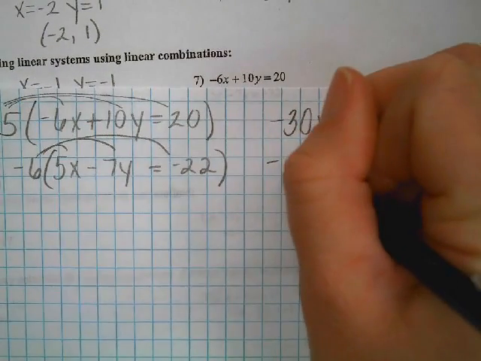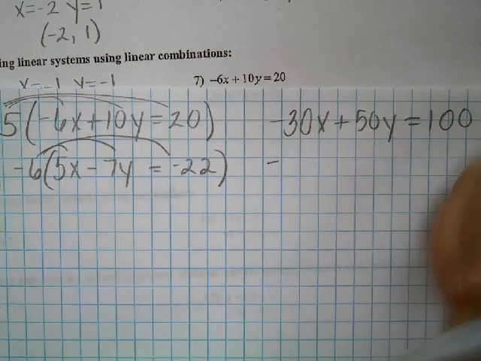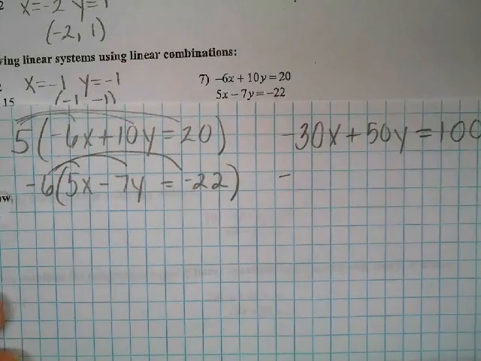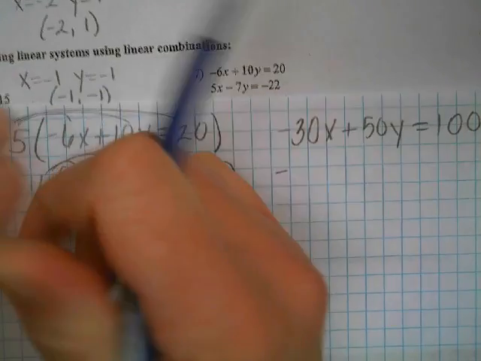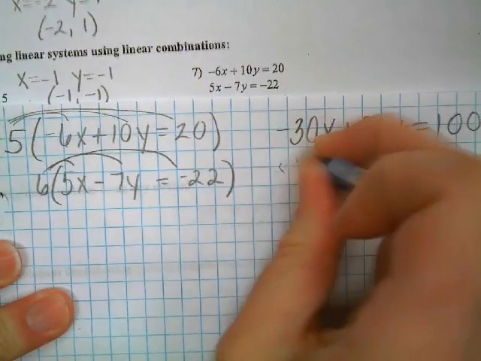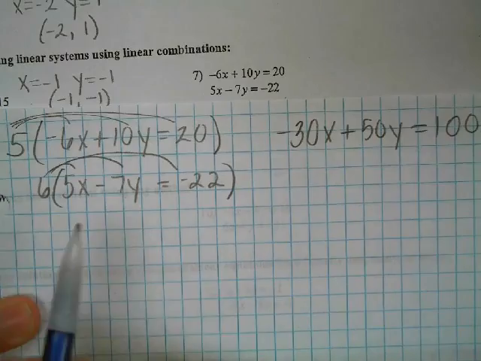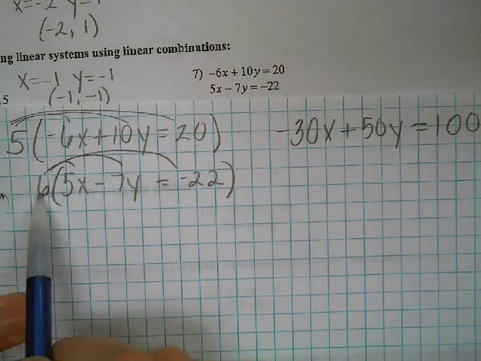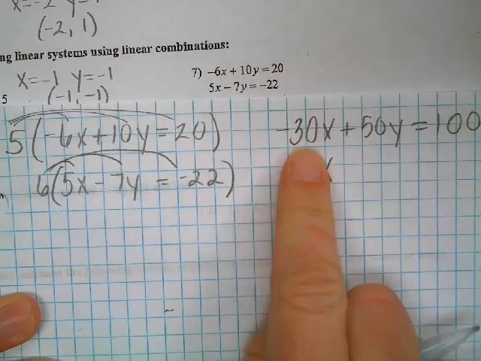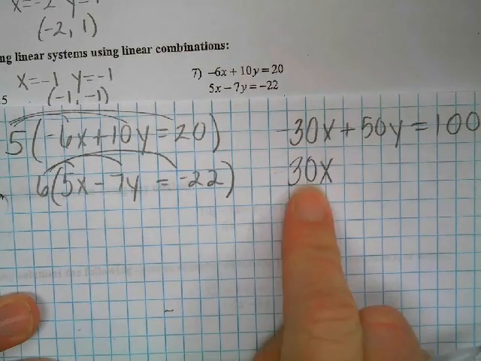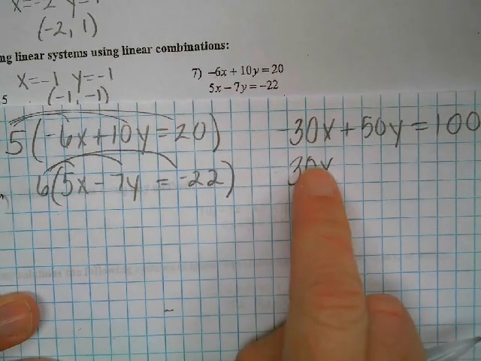you'll end up with, I didn't need a negative 6 there. I'm going to change this to a positive 6, and you'll see why in a minute. So now I'm going to end up with 30x, and that will help my x's to cancel, because one will be negative, one will be positive.